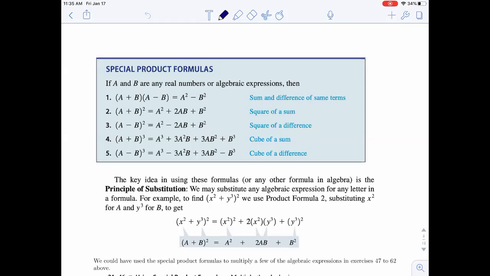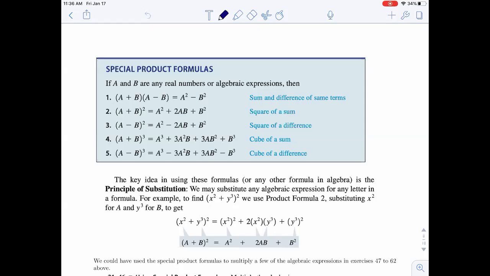So it is good to be able to recognize that something that looks like a plus b times a minus b is going to be one of these special products, but that's later when we get into factoring, right? And so for now, we don't really need the special product formulas because we're able to do things like a plus b times a minus b just by hand, okay?